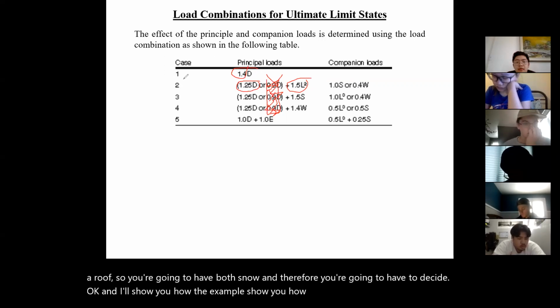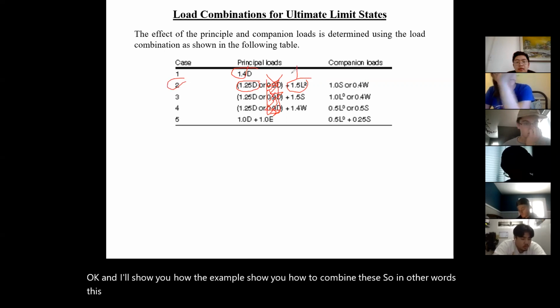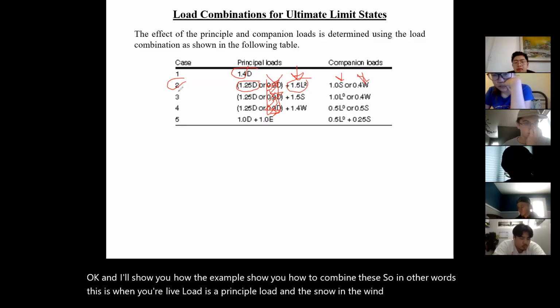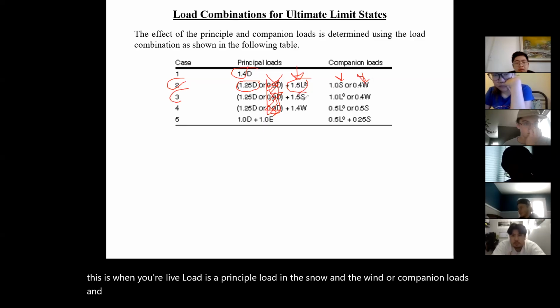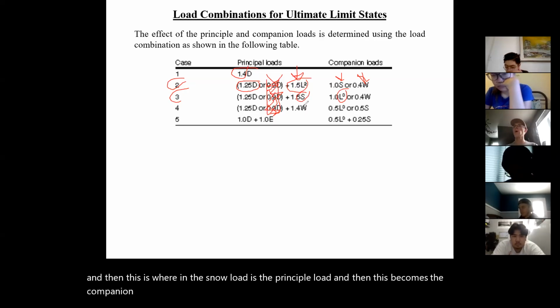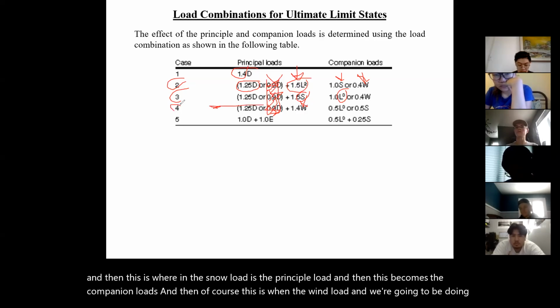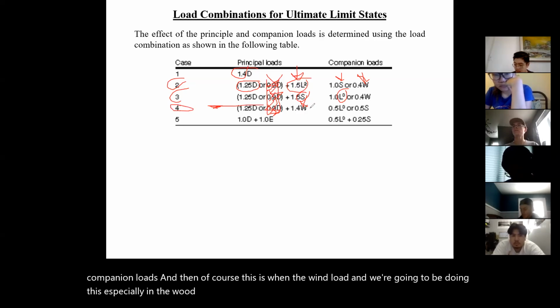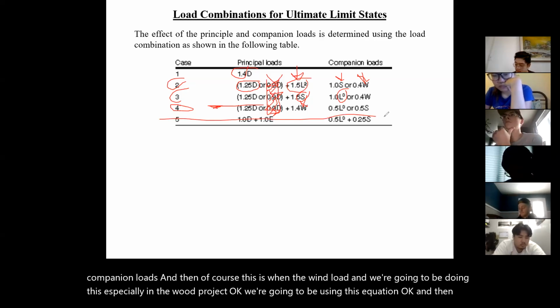So this is when your live load is a principal load, and the snow and the wind are companion loads. And then this is when the snow load is the principal load, and then this becomes the companion loads. And then of course, this is when the wind load, and we're going to be doing this especially in the wood project. We're going to be using this equation. And then of course, this we won't talk about at all.